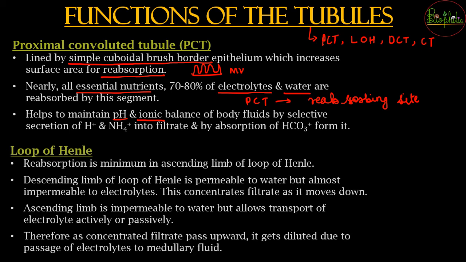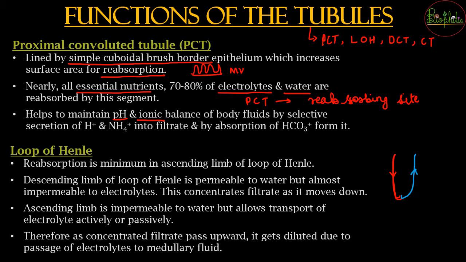Now the loop of Henle. As you might understand, PCT is the major site of reabsorption, whereas in the case of loop of Henle, there are two loops. One loop is the descending loop, and the other loop is the ascending. So one is going downwards deep into the medulla, the second one is rising out of the medulla and going towards the cortex.